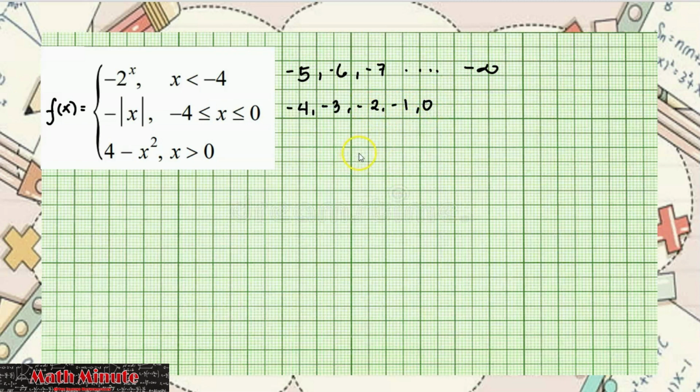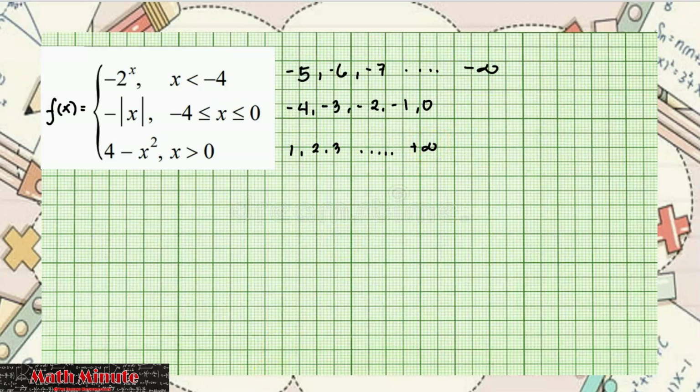So those are the exact values here. Lastly, we will use 4 minus x squared if your x is greater than 0, meaning that would be positive numbers starting with 1. So that will be 1, 2, 3, and so on and so forth until you reach positive infinity.